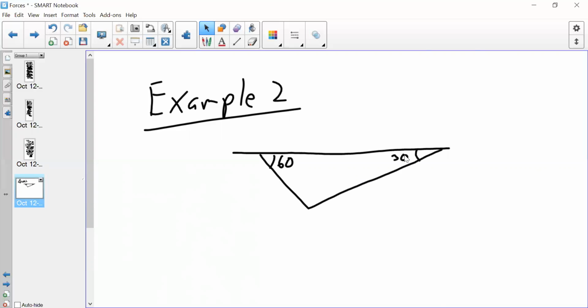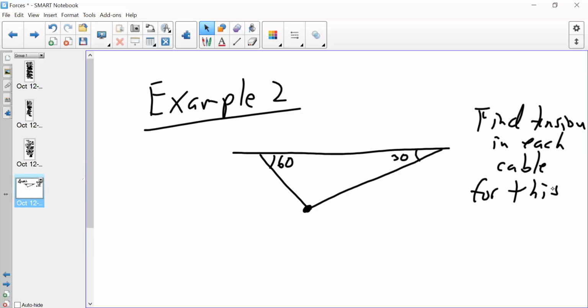The bird feeder is here. So why don't you guys right now find the tension in both wires for this 150 newton bird feeder. That would be the weight. Take about 5 minutes to do that. You don't have to break out. Go ahead and take your time.